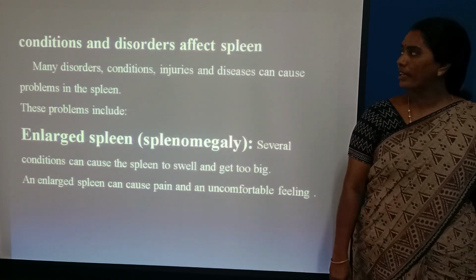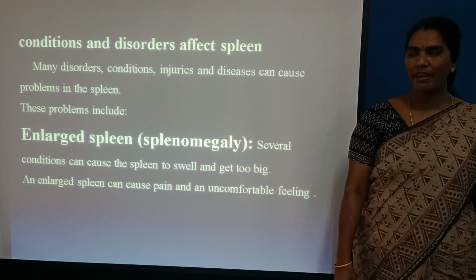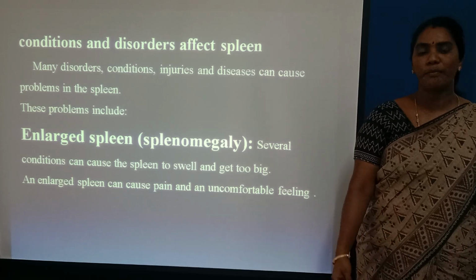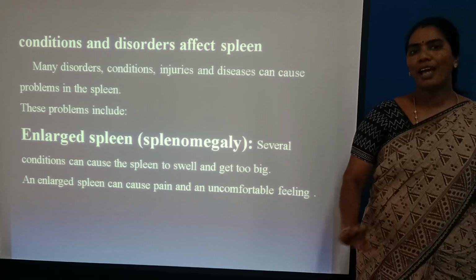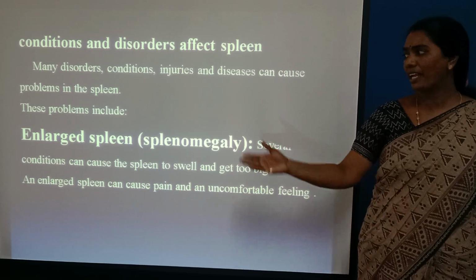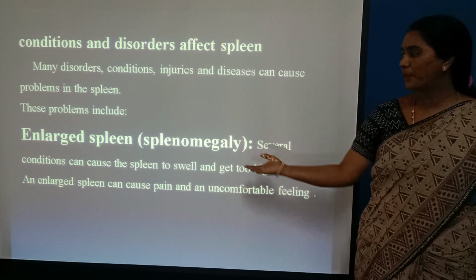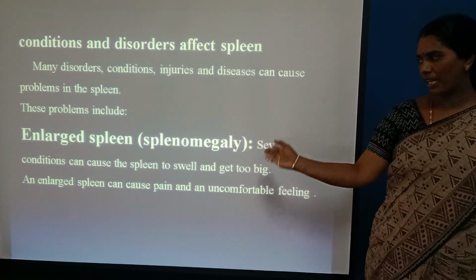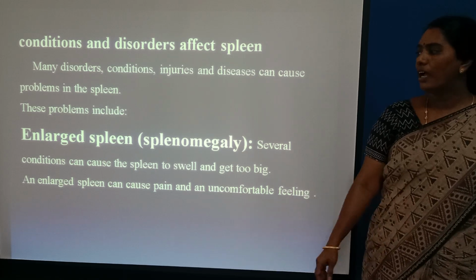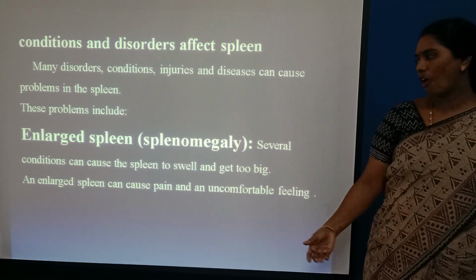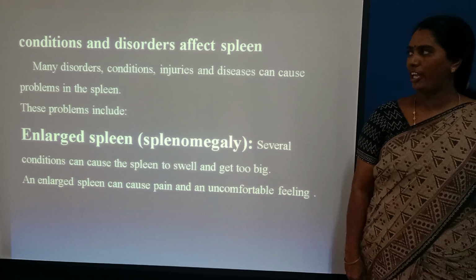Next, conditions and disorders that affect the spleen. Many disorders, conditions, diseases and injuries can affect the spleen. These problems include enlargement of the spleen, which is nothing but splenomegaly. Several conditions can cause the spleen to swell and get too big. That is called splenomegaly. An enlarged spleen can cause pain and an uncomfortable feeling.